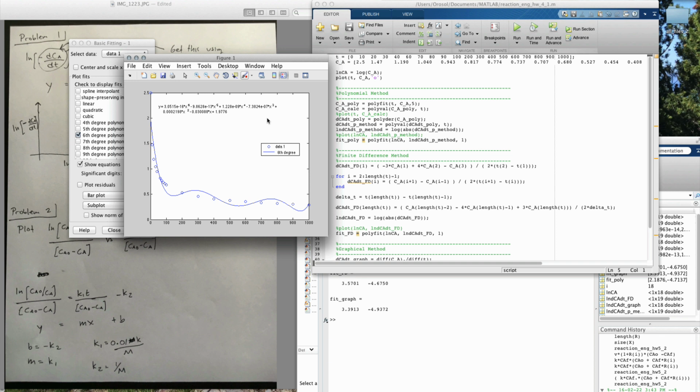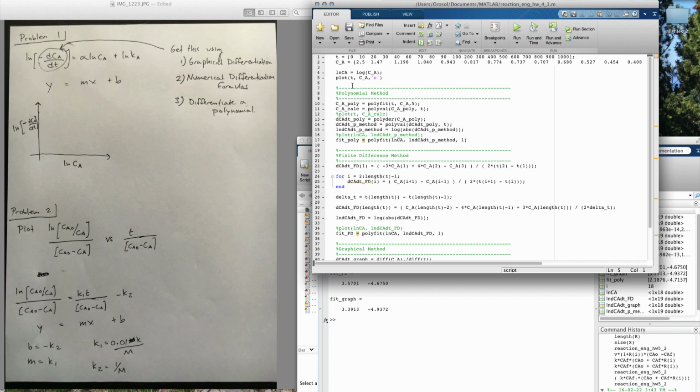So if you're doing the polynomial method and you can't get it to work by typing in whatever polynomial you get, you might want to try putting in these commands. I'll show you what these are. First of all, this polyfit is fitting the data, and I'm saying that I want a 5th degree polynomial.